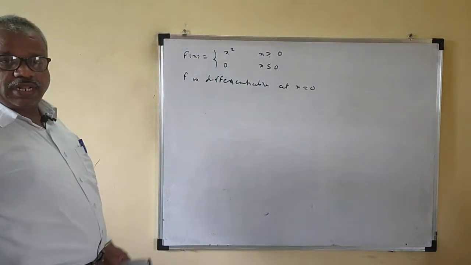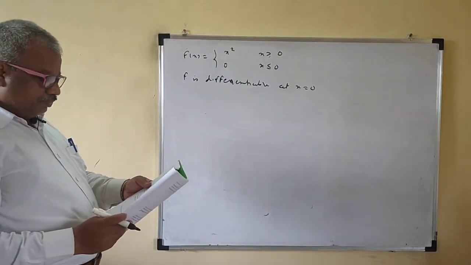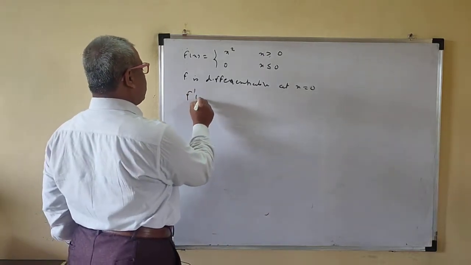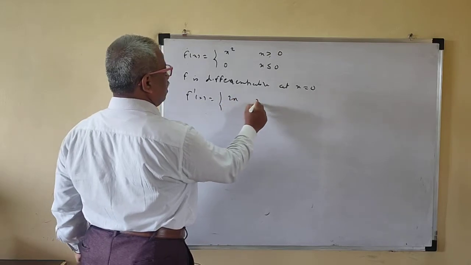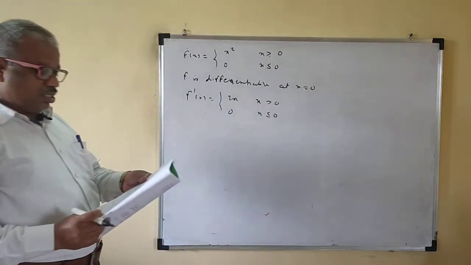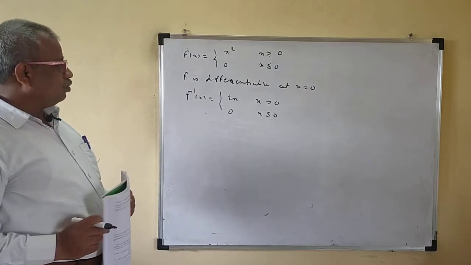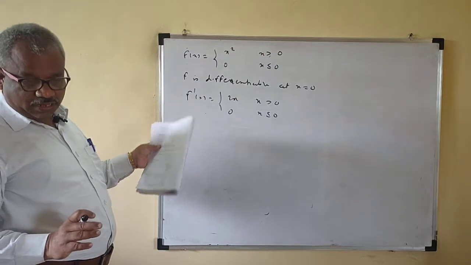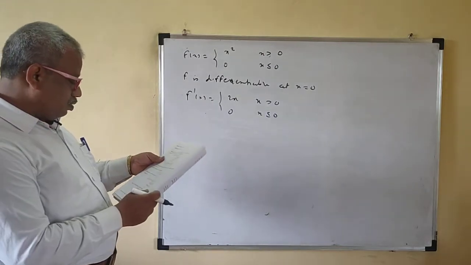And f dash x is twice x for x greater than 0, and 0 for x less than 0. This is your derivative. So this is differentiable at 0, note that. Even though this is a piecewise function, it is differentiable at x equal to 0.